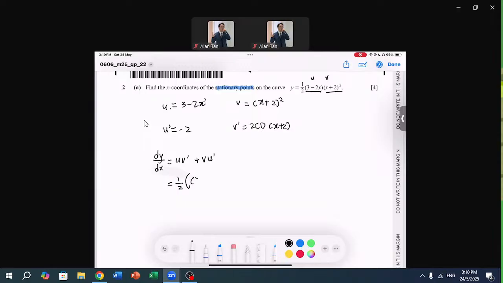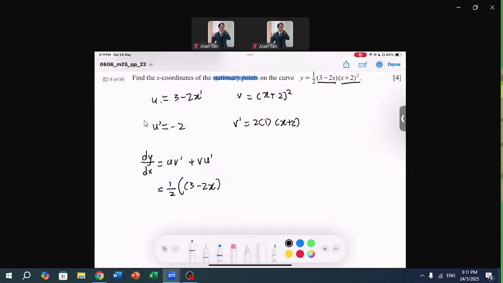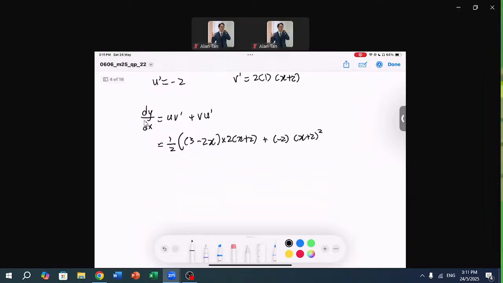So what we're going to get is (3 minus 2x) times 2(x plus 2) plus negative 2 (x plus 2) squared, close bracket.